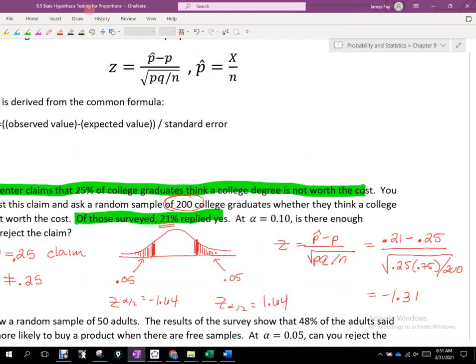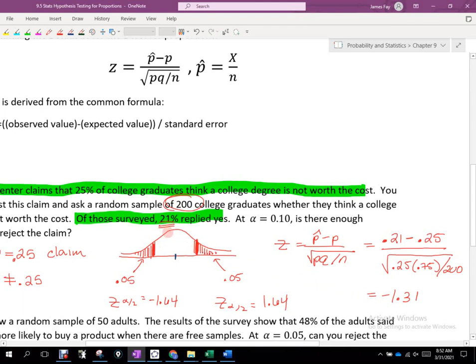Okay, so then we go to our tool, our curve that we have developed, to decide whether we reject or not reject. And we're going to take that Z value that we just found from our data, and we're going to place it accordingly on these rejection regions.